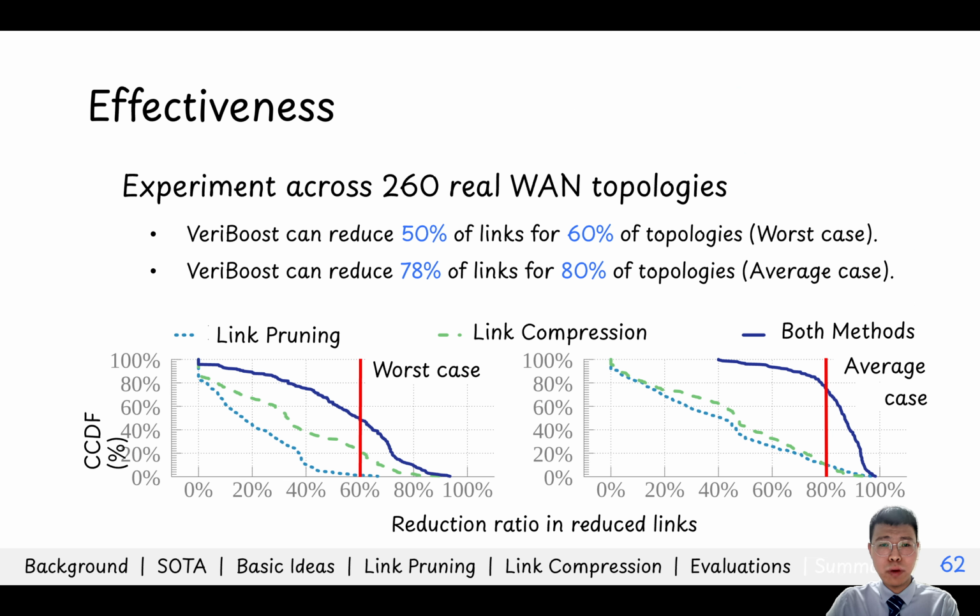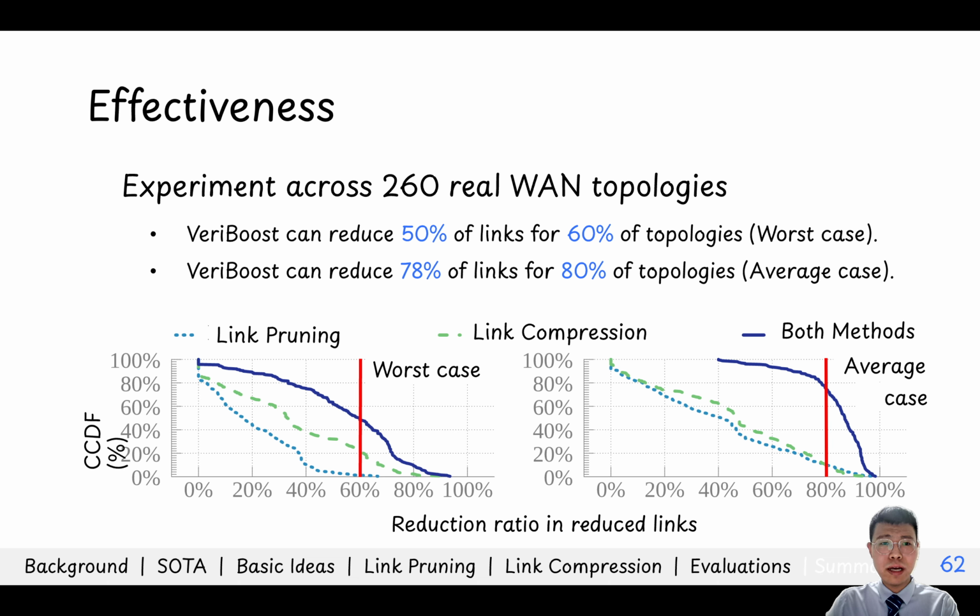We also evaluate VeriBoost across 260 real WAN topologies. The results show that for the worst case, VeriBoost can reduce 50% of links for 60% of topologies. For the average case, VeriBoost can reduce 78% of links for 80% of topologies.